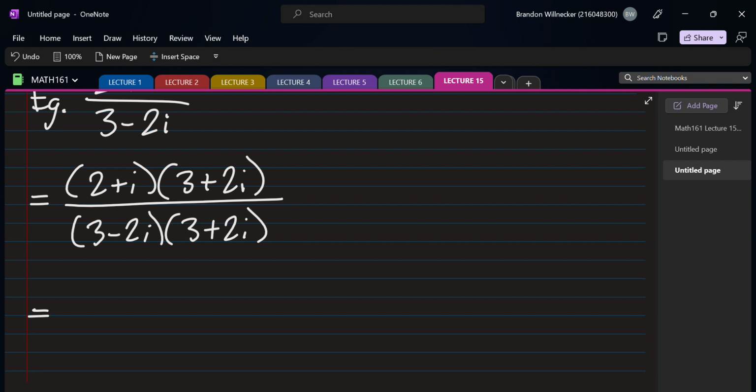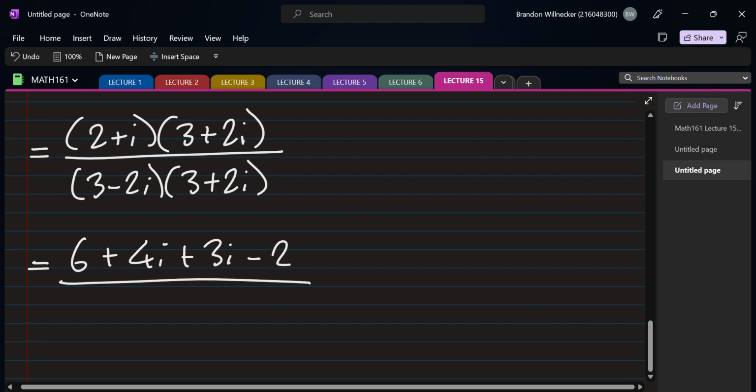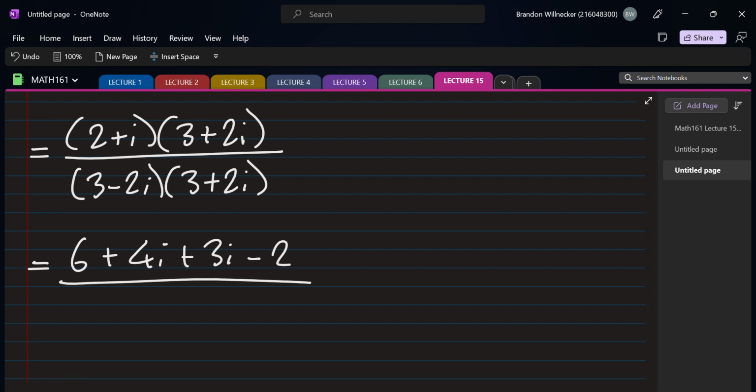We know how to do multiplication. So 2 times 3, that will be 6, plus 4i, plus 3i, and then we'll have 2i squared. i squared is minus 1, so we have minus 2. All divided by, again, we can do multiplication. So 3 times 3, that will be 9.